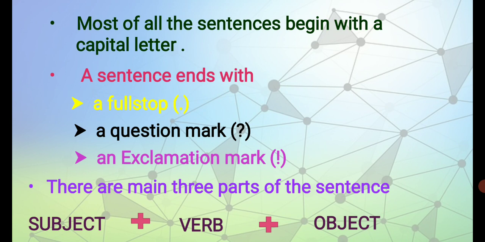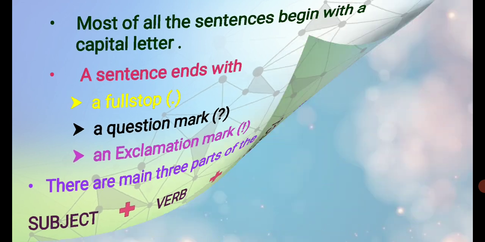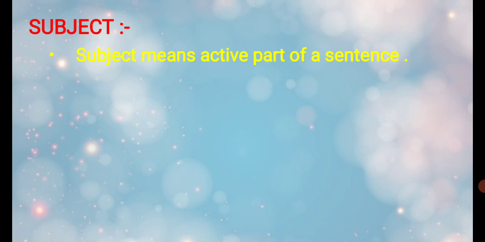In our lesson number 8, personal pronoun, we already learnt about subject and object, and we also learnt about the verb in another lesson, right? So let's revise them. What is a subject here? The subject means the active part of the sentence.